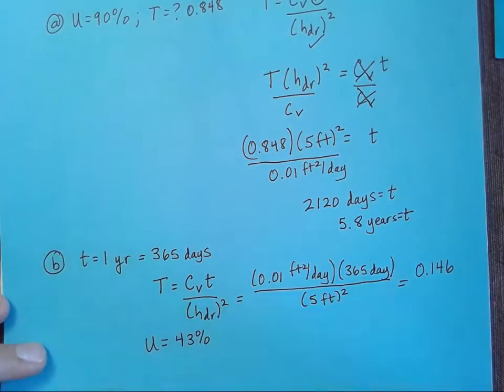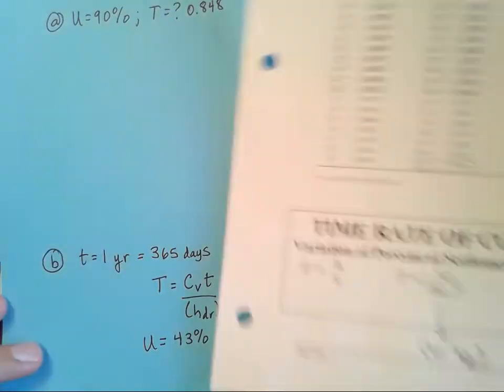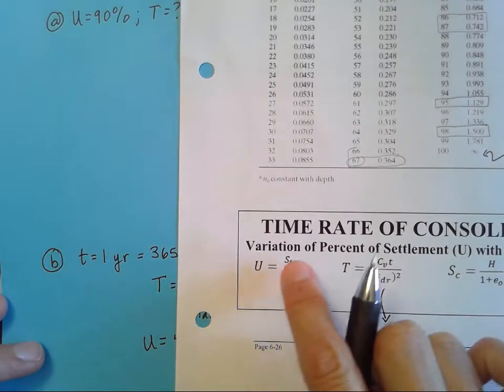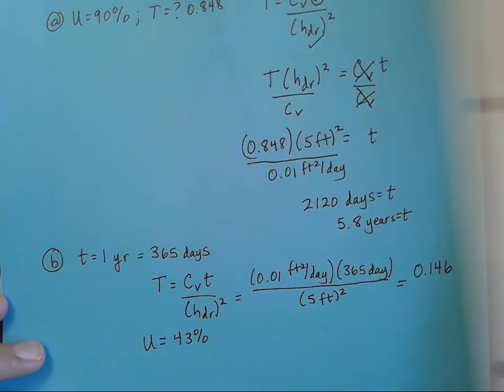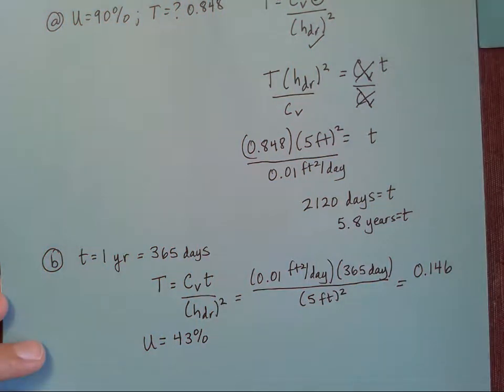So I know also from this equation that U is equal to that settlement over whatever time we're looking at, over the total settlement. So U is St over Sc, and I've already been told that Sc is 2 inches.